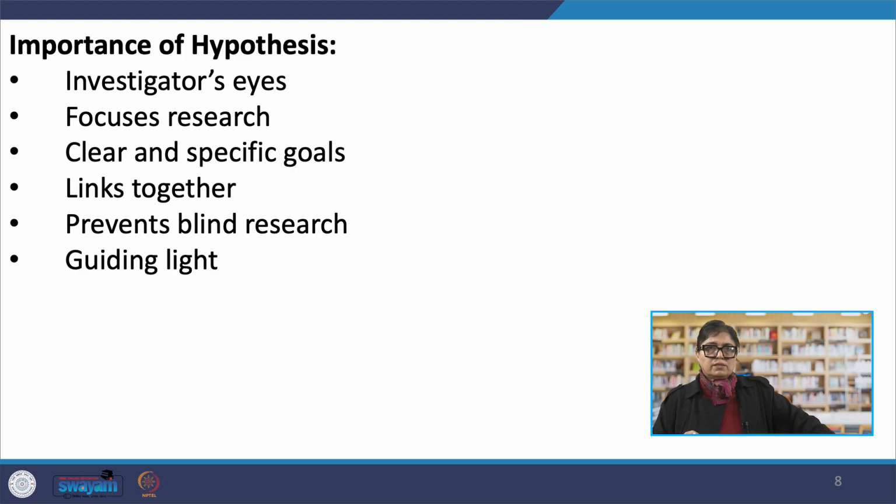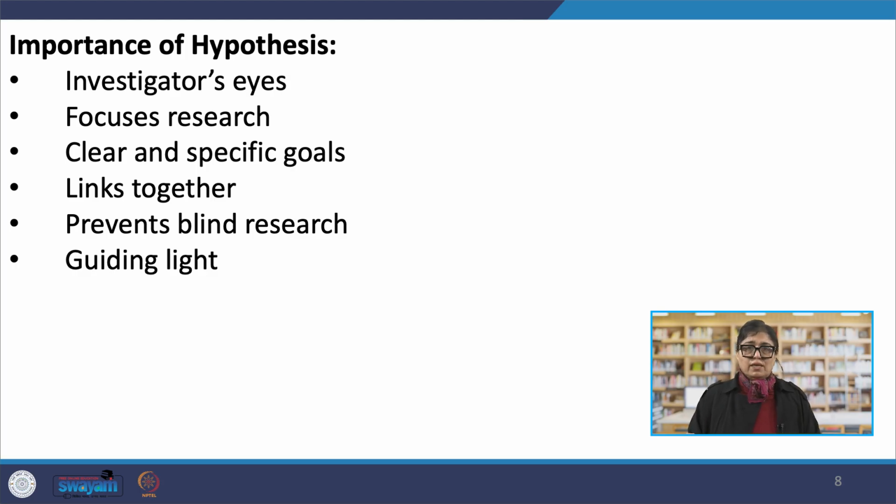According to Barr and Scates, it serves the important function of linking together related facts and information and organizing them into a whole. And sixth, prevent blind research. In the words of P.B. Young, the use of hypothesis prevents a blind search and indiscriminate gathering of masses of data which may later prove irrelevant to the problem under study.